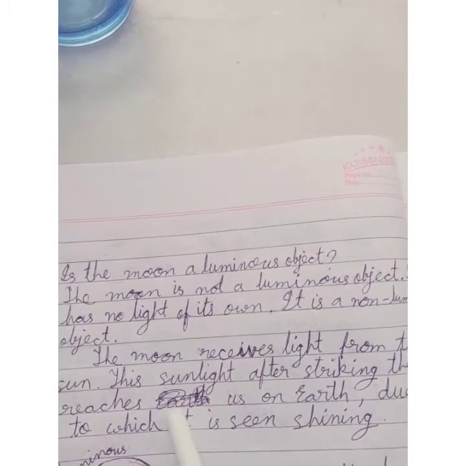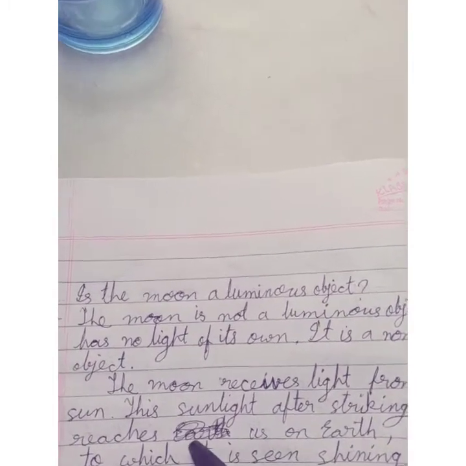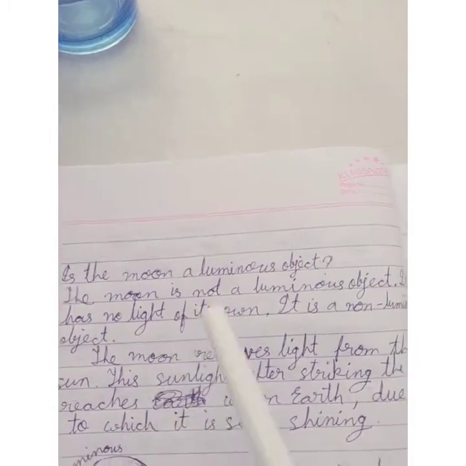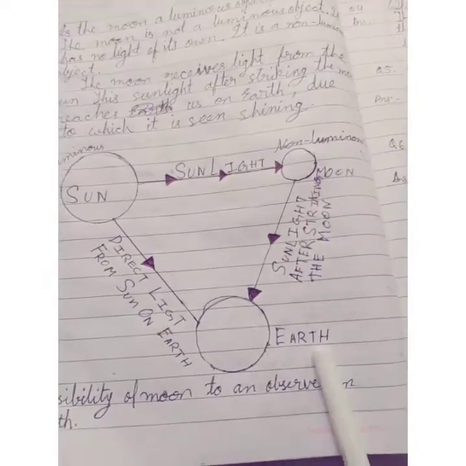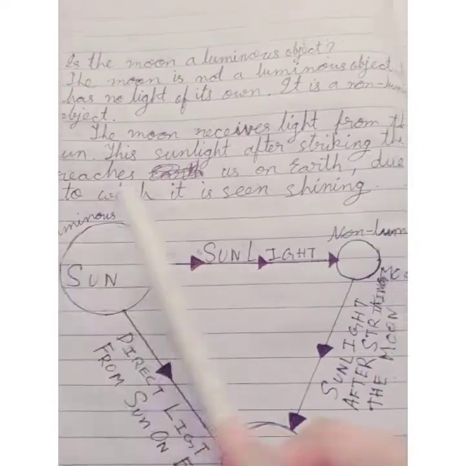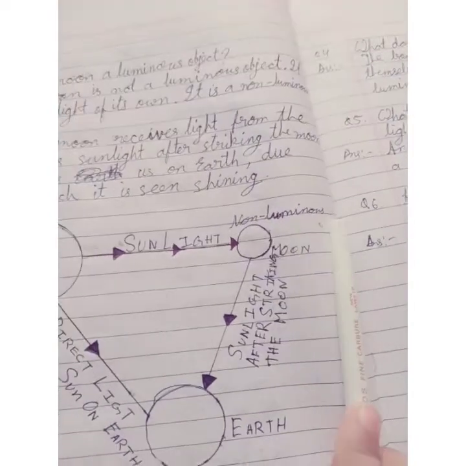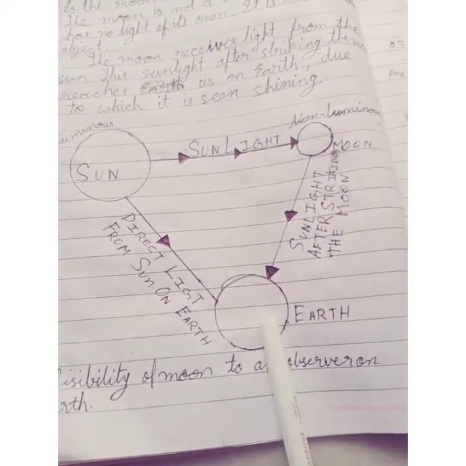Now what is it referring to? It means the word "it". Here "it" is referring to the moon. So everything you will understand through this diagram. See, this is the sun, which is the luminous body, and this is the moon, which is a non-luminous body, and this is our planet Earth.